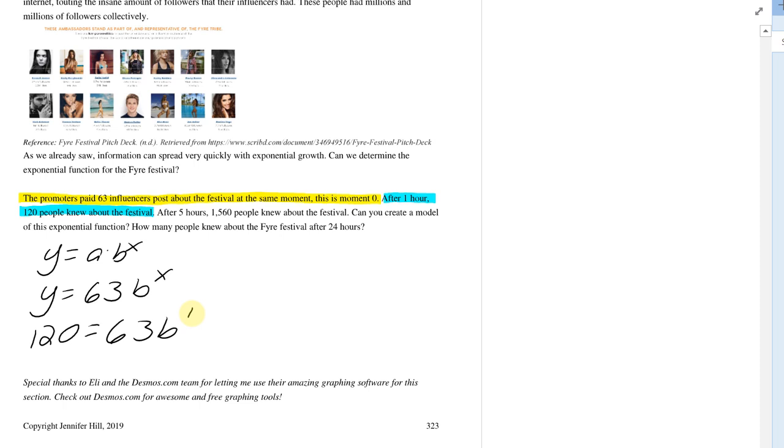Well, what is b to the 1? b to the 1 is just b, right? So this is 120 equals 63b. So I can solve for b with this information. If I divide each side by 63, I get that my b equals, we'll round it to about 1.9.